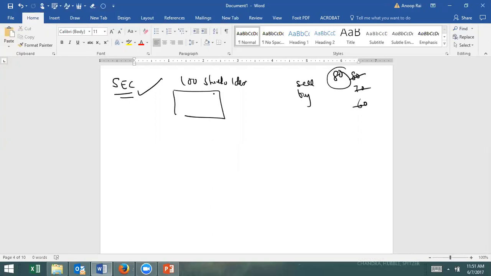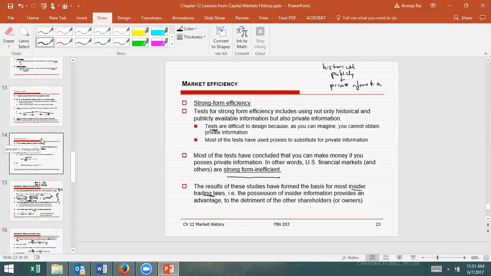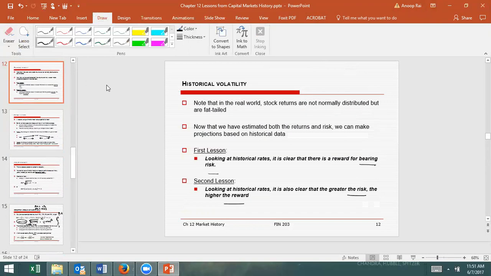Okay. Again, folks, that's the end of this class. Once again, there are very few calculations, just a standard deviation, but the idea is to show you that we're headed towards the measurement of risk. We measure risk by standard deviation. Historically, what we've seen is that the riskier the stocks, the higher the returns.